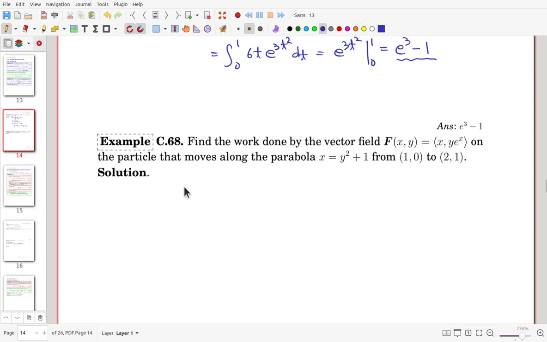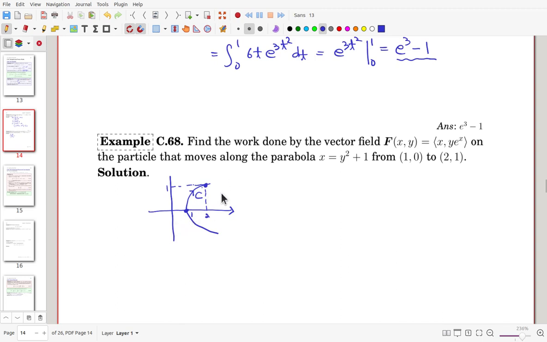Let's try to visualize the curve. x is y squared plus 1. It is moving from 1, 0 to 2, 1. So x is 2 and height is 1. Now, it's moving from here to there. So that is C.